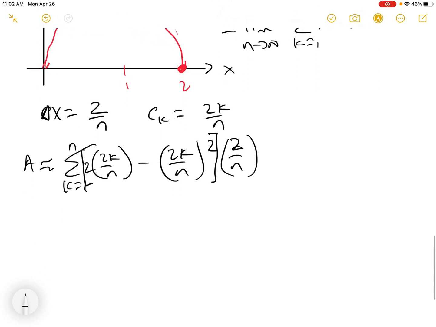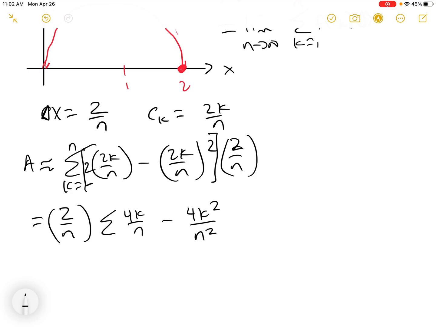Lots of brackets and stuff here. And then I get 2 over n out front times the sum of 4k over n minus 4k squared over n squared. There's another sum here.